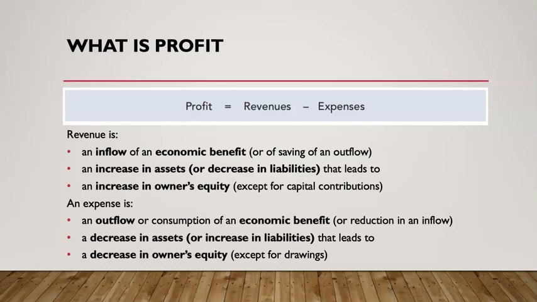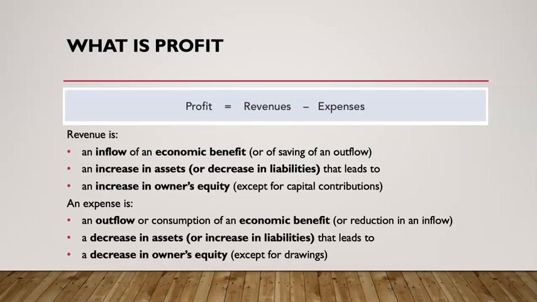So you'll never see drawings or capital contributions in our income statement. So if you're asked at any stage during this chapter, explain your classification of this item and you believe it's revenue, you're going to be touching on these 3 dot points. Same if it's an expense. So a good time to pause the video and update your notes.